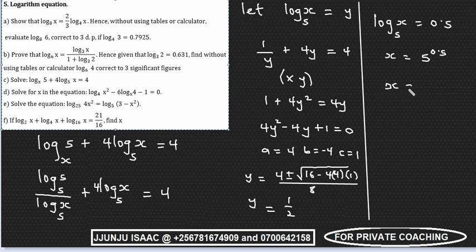So x is equal to 5 power a half, and x is equal to the square root of 5 as the answer. We shall be taking the positive answer here. Okay, so that is part C. We have 3 more parts to go. Let us do part D.